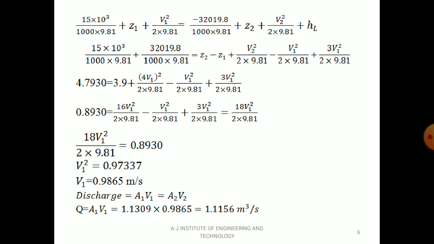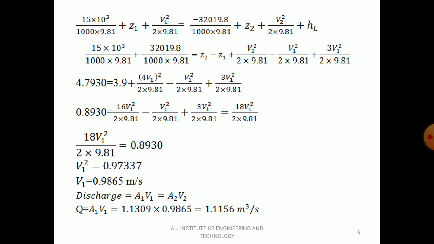We can just substitute. So we get 15 into 10 to the power 3 divided by 1000 into 9.81 plus Z1 plus V1 square divided by 2 into 9.81 is equal to minus 32,019.8 divided by 1000 into 9.81 plus Z2 plus V2 square divided by 2 into 9.81 plus HL.